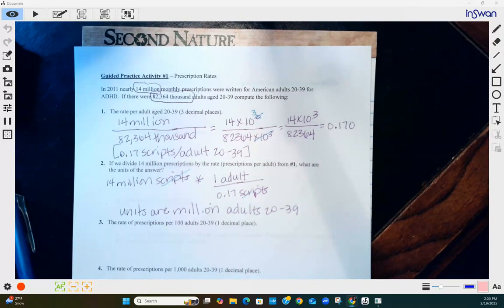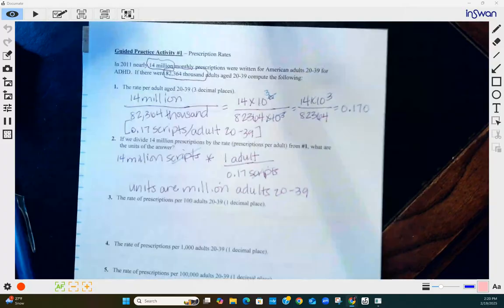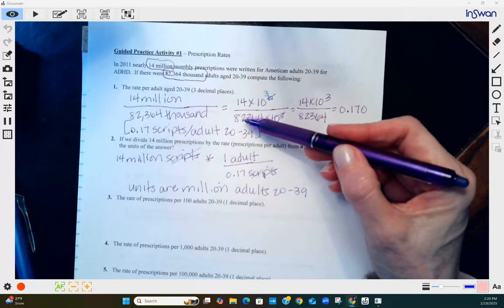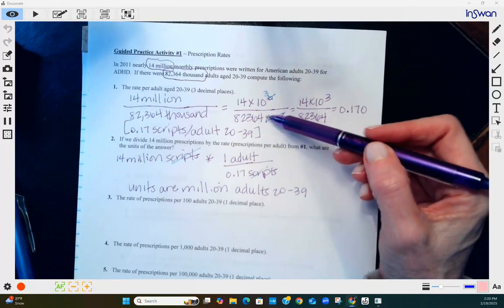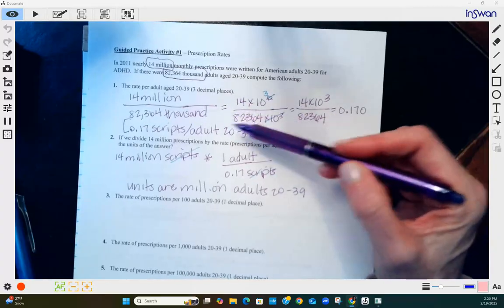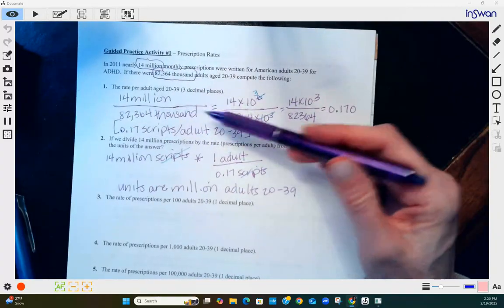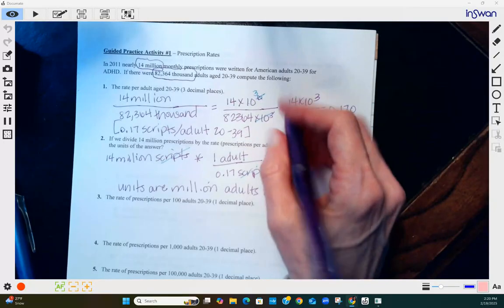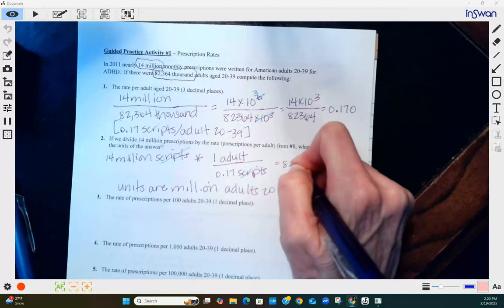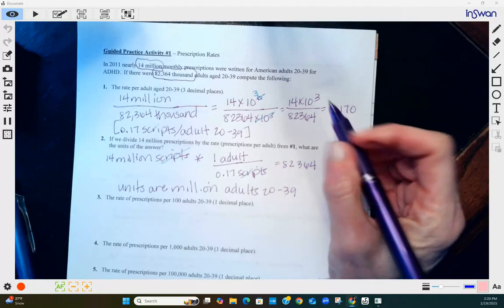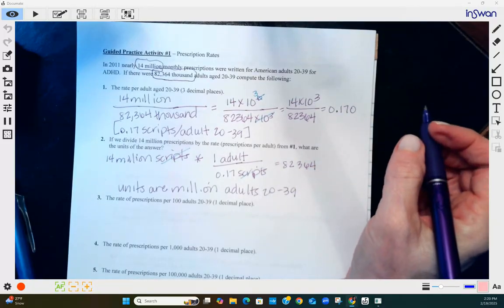This should come back to the 82,364, because you're just using the same numbers from this problem with the answer, not involving new numbers. So this does equal 82,364 million adults in this age range.